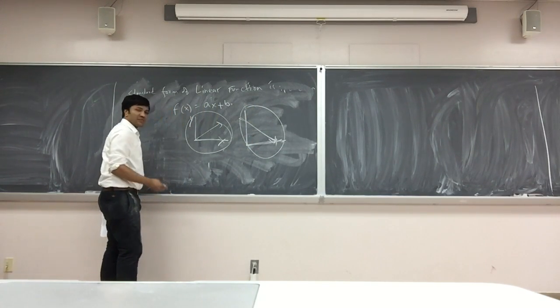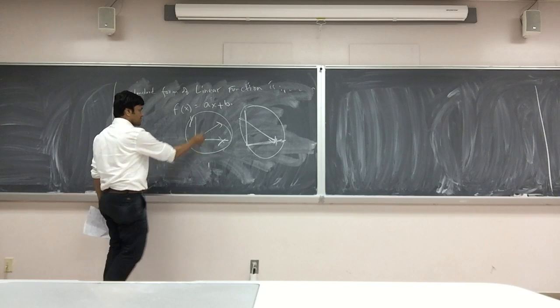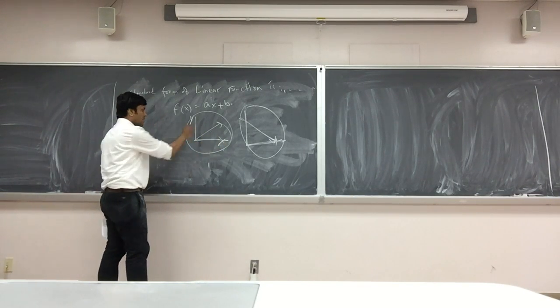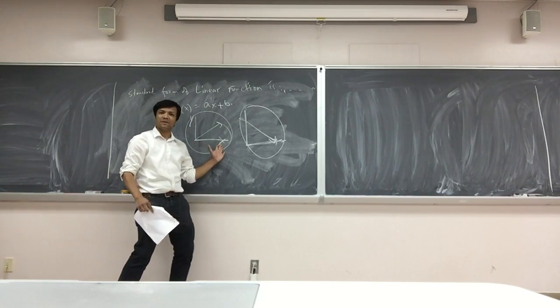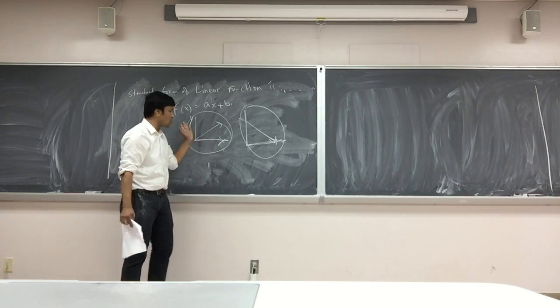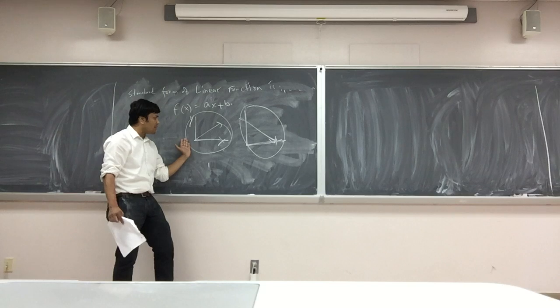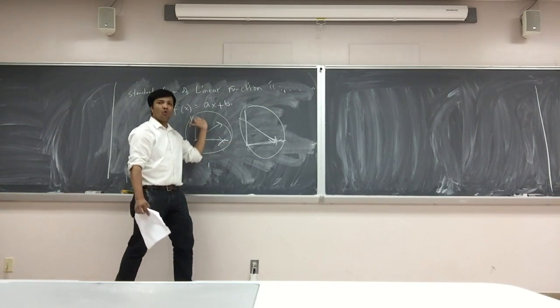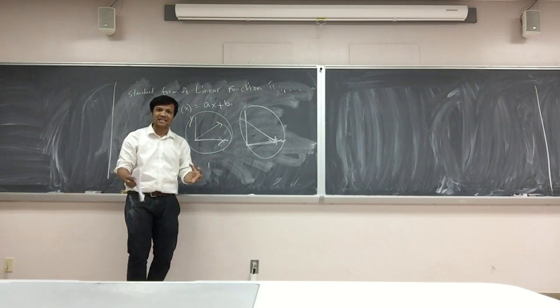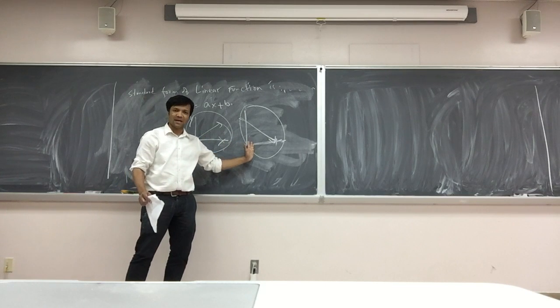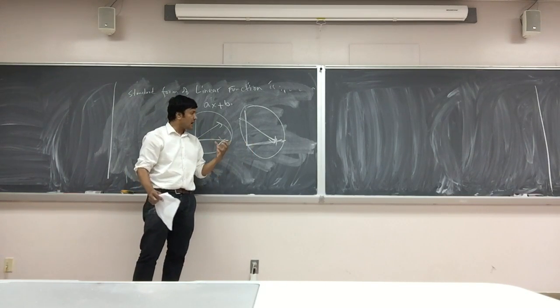In this case, there is a positive relationship between x and y. In this case, x could be the number of hours you study and y could be your grade. That means the more you study, the more your grade goes up. So that can be an example. These are two examples of a linear function.